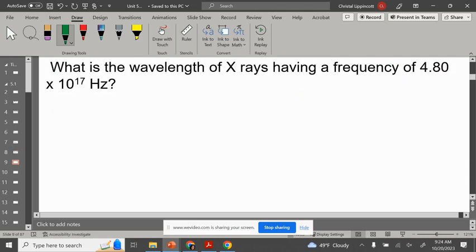All right. This one we're solving for wavelength and they gave us frequency. So, we are now solving for wavelength.